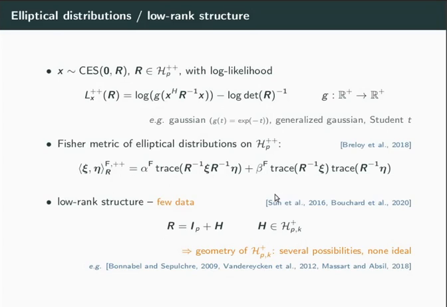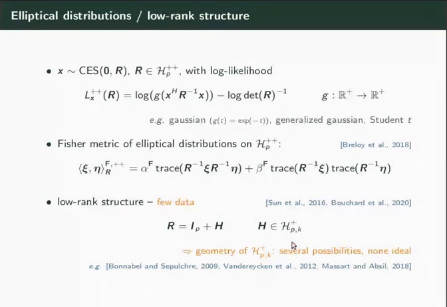And for that also, we are considering a model where R, the covariance matrix, has a low-rank structure. So the structure is that R is equal to the identity matrix plus some matrix H, where H is in the set of positive semi-definite matrices of rank K.